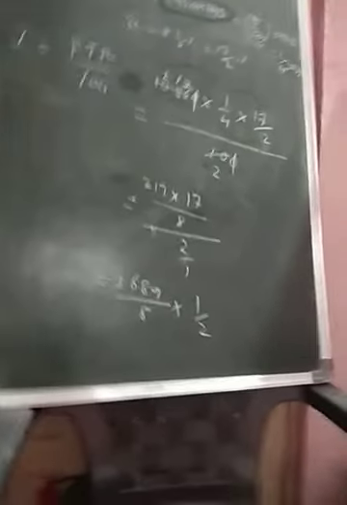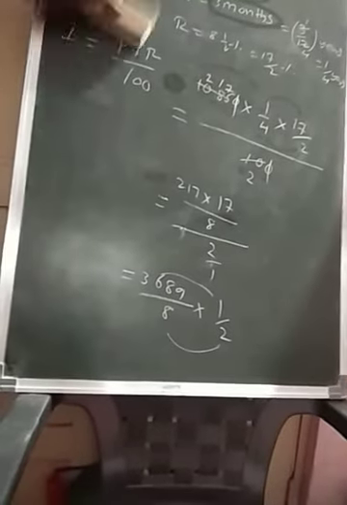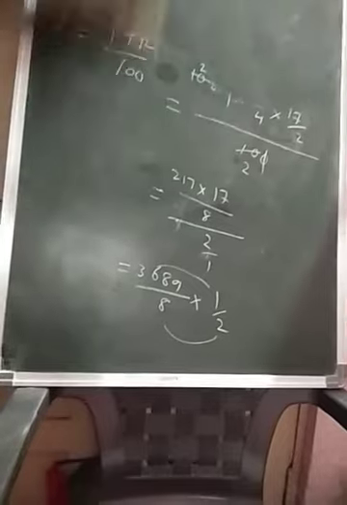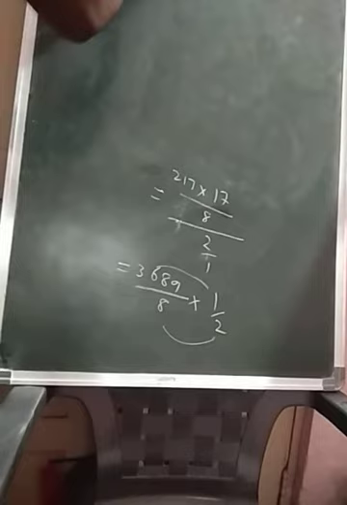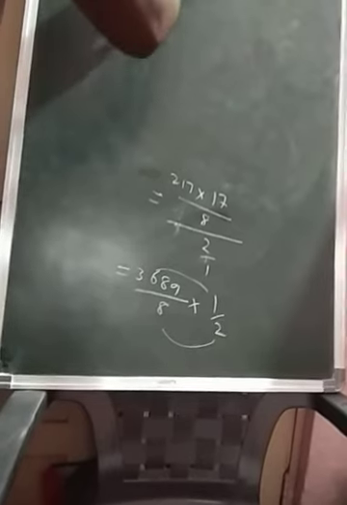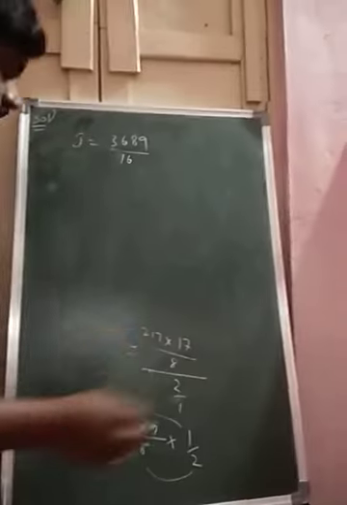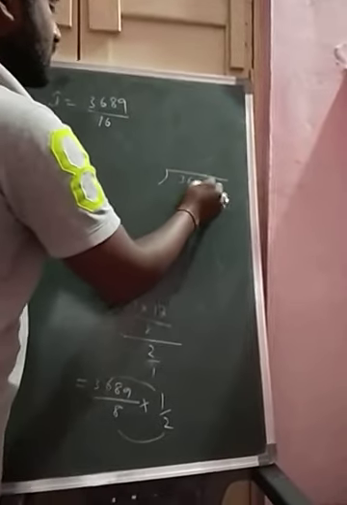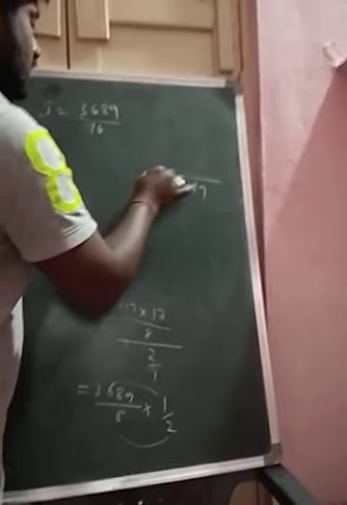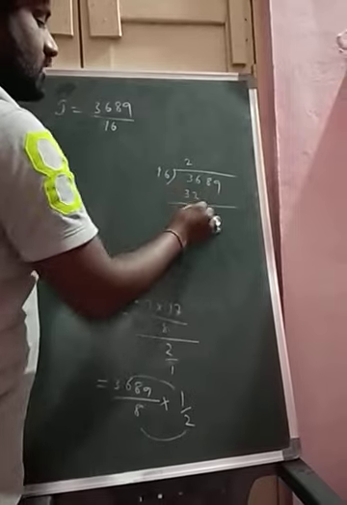Now you just multiply. Then what happened? I is equal to 3689 by 8 2s are 16. So you just cancel it by doing actual division. 3689 divided by 16. 16 2s are 32 వస్తుంది, మైనస్ చేస్తే 4.